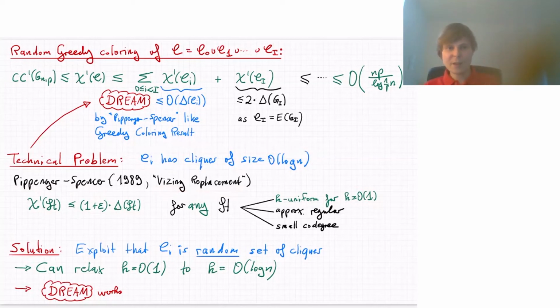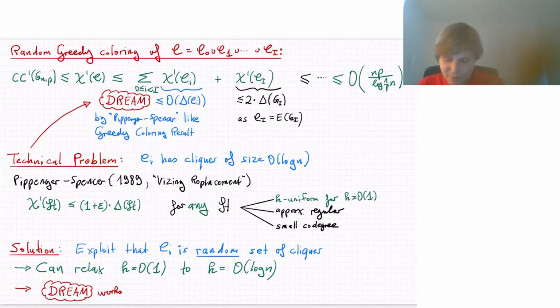So Vizing's theorem tells us that if you look at the chromatic index of a graph, it's at most delta plus 1. And this result of Pippenger and Spencer tells us that for certain hypergraphs, you can get something similar in the sense that the chromatic index is at most 1 plus epsilon times the maximum degree, where you can make epsilon arbitrarily small.